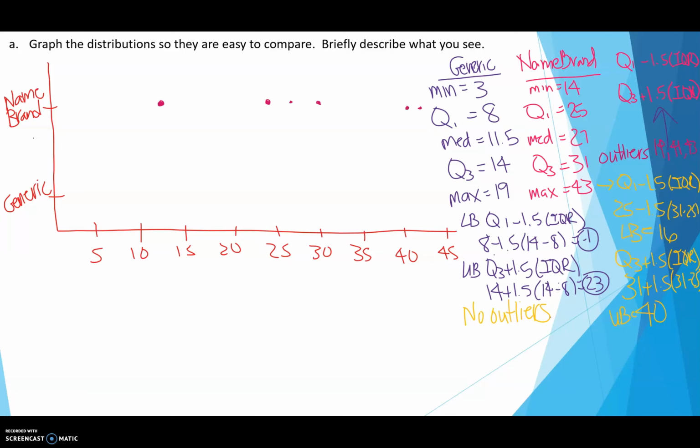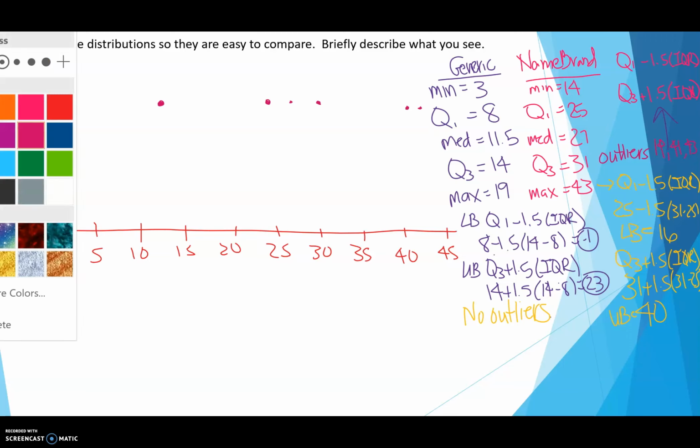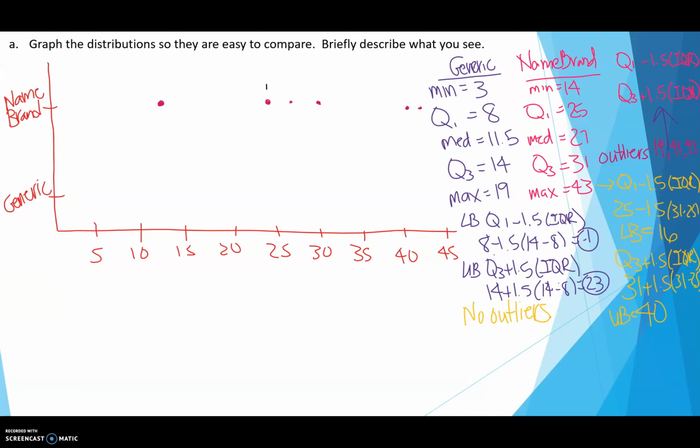Okay, so remember, this is my box. And I'm going to draw a line right there for the median. Okay, and I'm not going to connect the outliers because they are outliers. Right, that's my name brand.